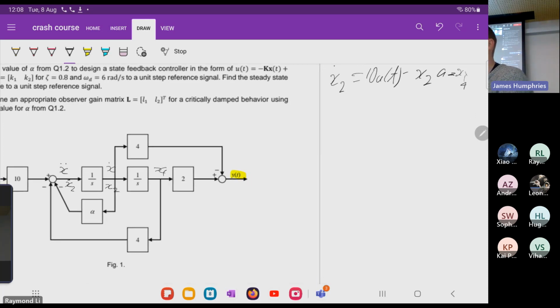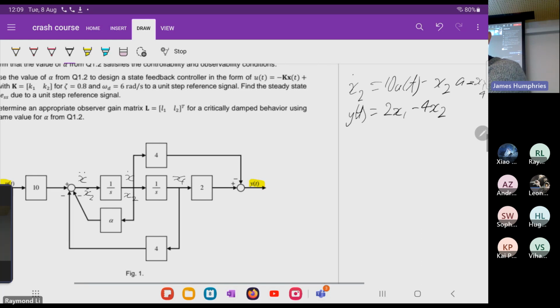That makes sense? Cool. And then if we want to get y of t, y of t is equal to 2 X1 minus 4 X2.